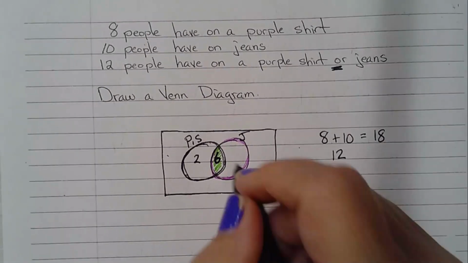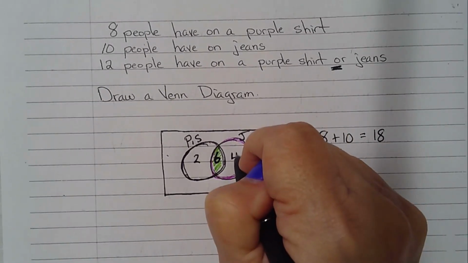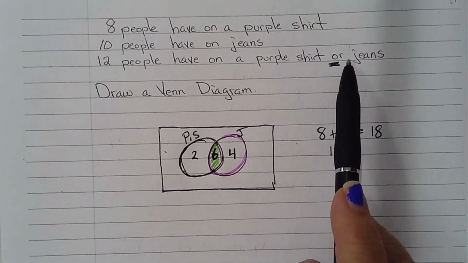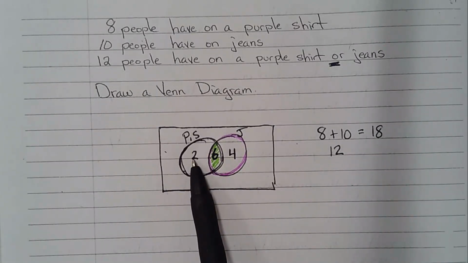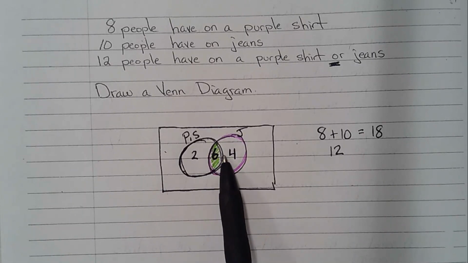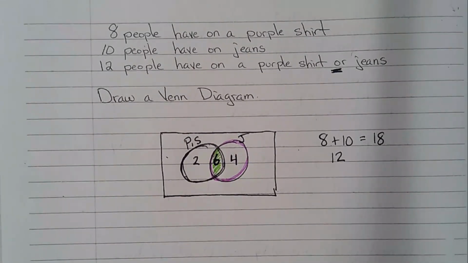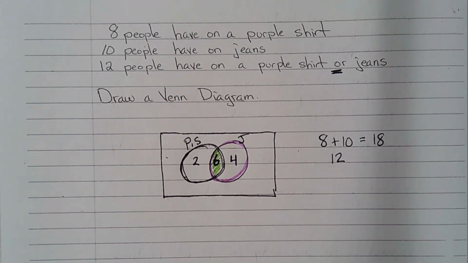So that means there's 4 people over here that have on jeans, but they don't have a purple shirt with it. And so then do you see the number of people who have on a purple shirt or jeans is 2 plus 6 plus 4, which is where the 12 comes in. So I hope that makes sense to you. If not, talk about that one at your table. Hopefully somebody at your table has a pretty good idea of it.